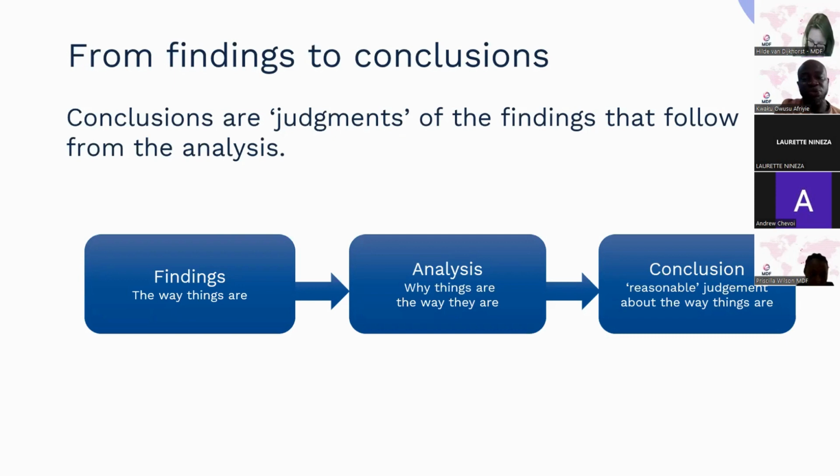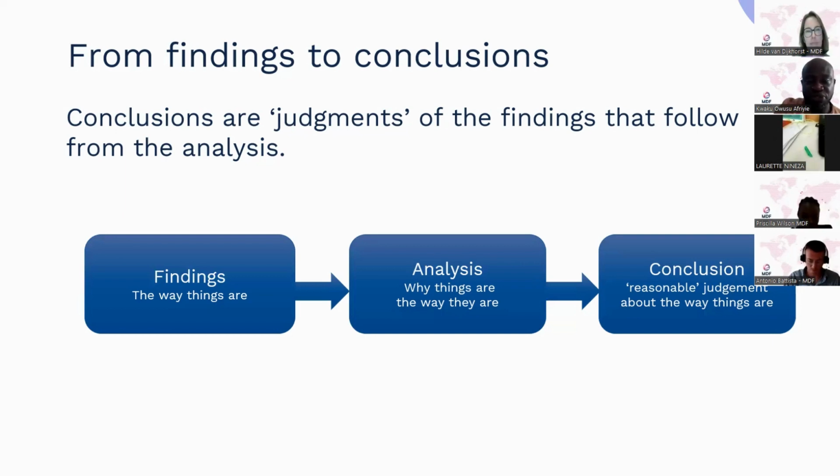You try to make a reasonable judgment about the findings. What can you concretely say about the findings that you get from the field? And the question is, what is reasonable judgment?